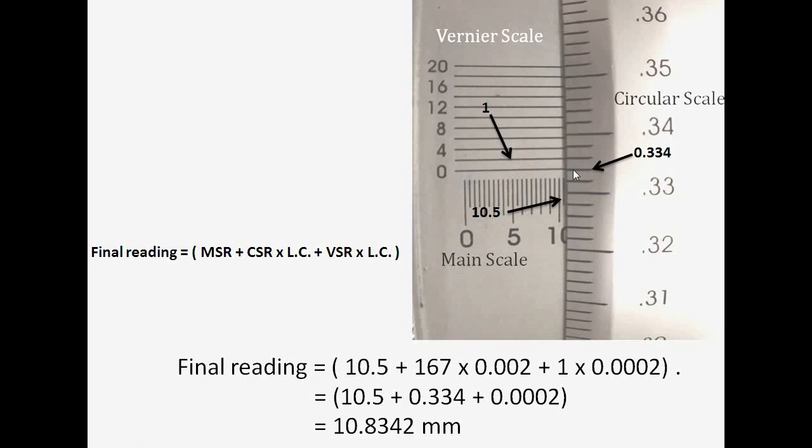Next, we have to observe which of the 10 divisions on the vernier scale is matching with any line of the circular scale. If you carefully observe, the first line is matching with a line of the circular scale. So your VSR value is 1. If I multiply 1 by its least count, 0.0002, you get 0.0002.